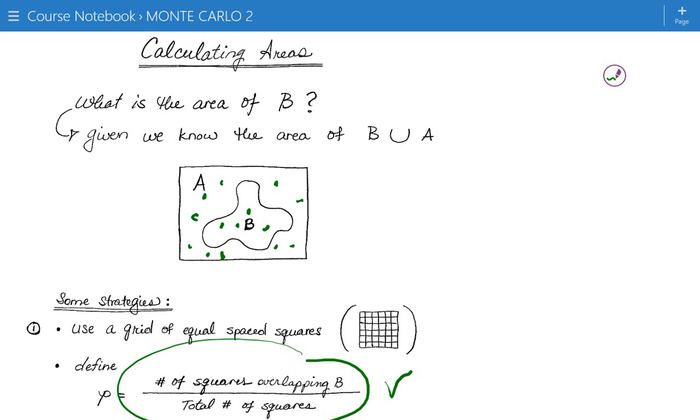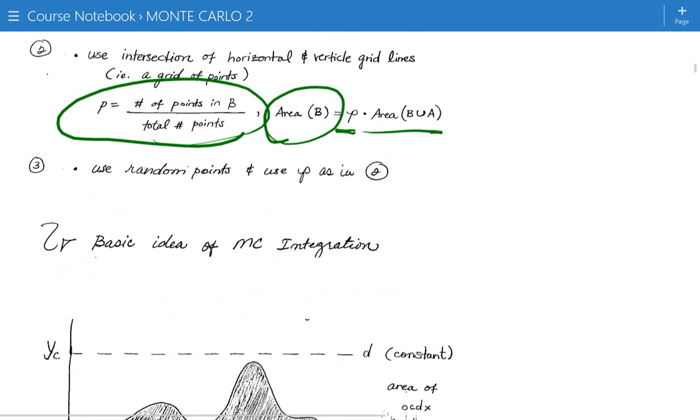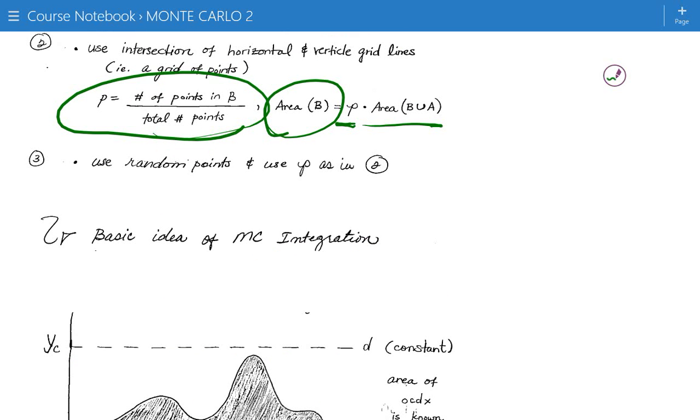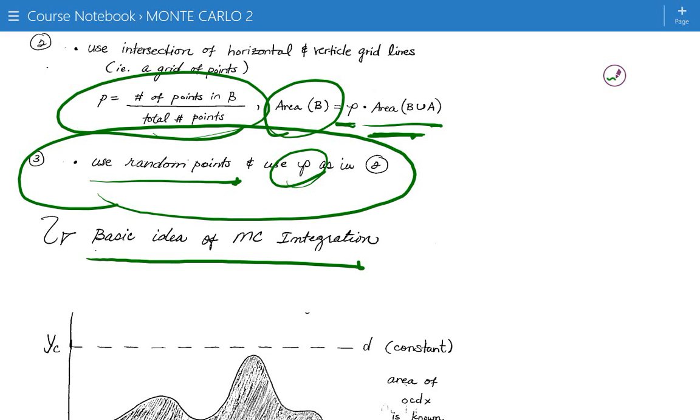And that gives me another way of getting a proportion. So from that perspective, we could also use random points and generate my P, which I can then use relative to the total area to get another estimate of the area in B. Well, this one here with the random points is essentially the basic idea of Monte Carlo integration.